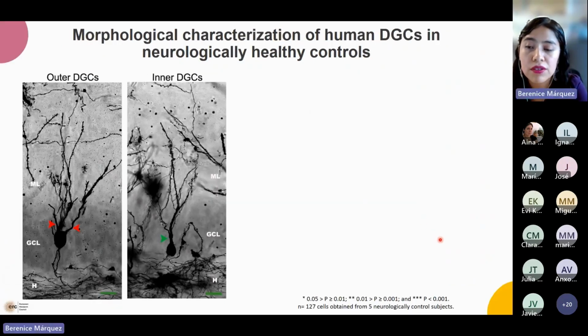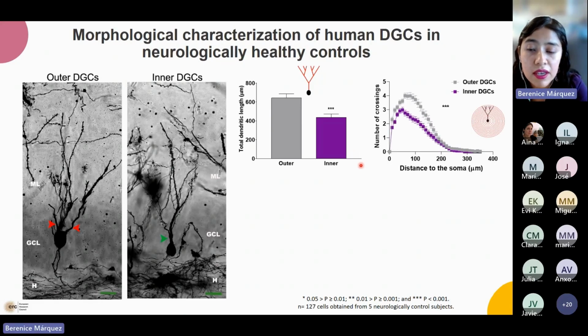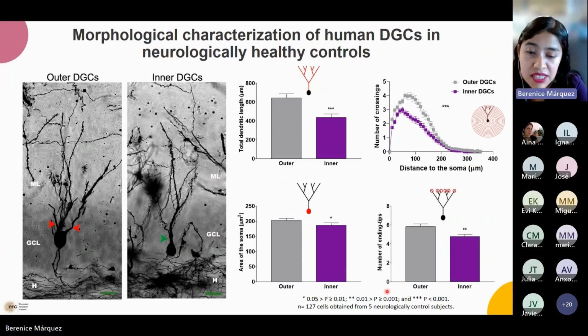The quantification of total dendritic length demonstrates that the inner dentate granule cells exhibit shorter dendritic trees and reduced dendritic branching in Sholl analysis compared to the outer dentate granule cells. Moreover, the soma area of inner dentate granule cells is smaller and they present fewer ending tips.